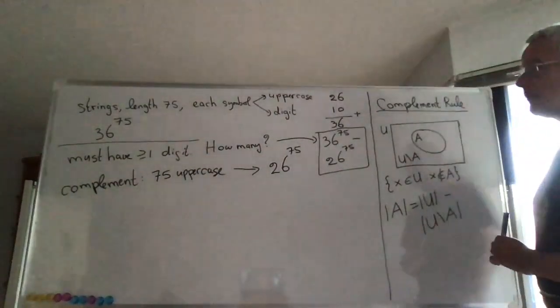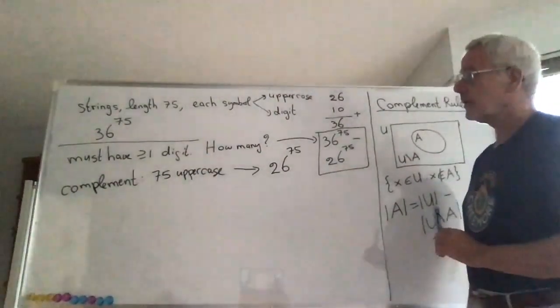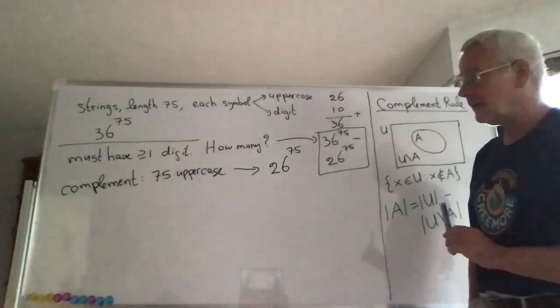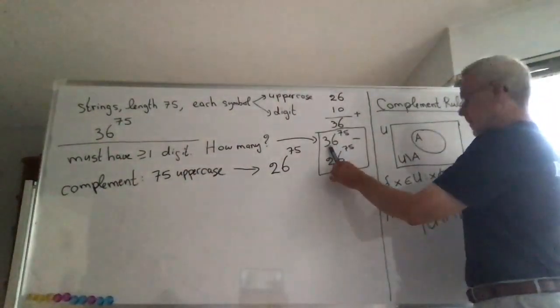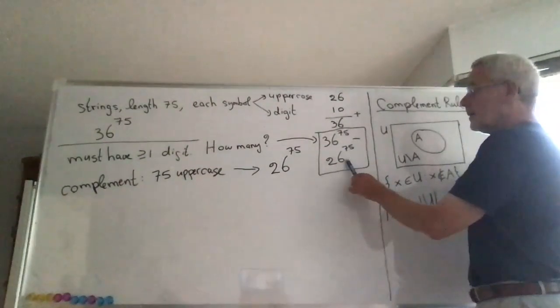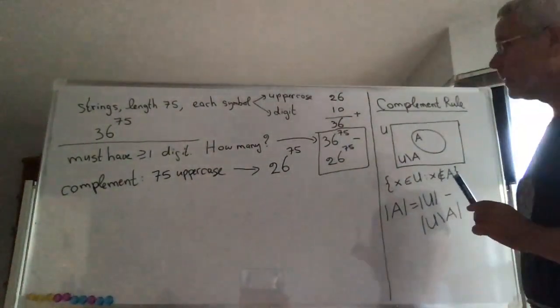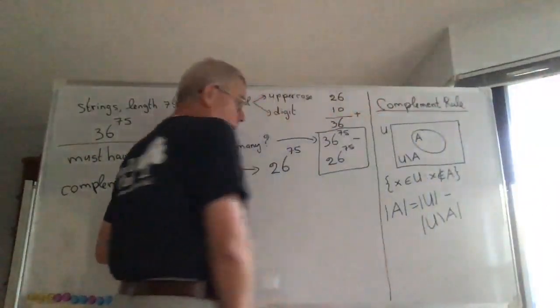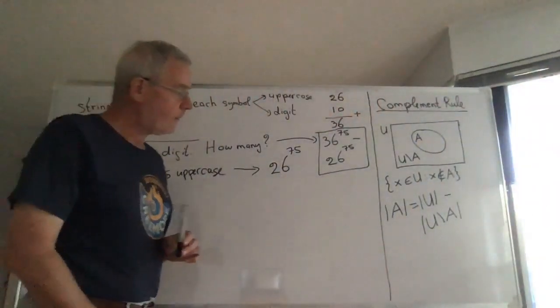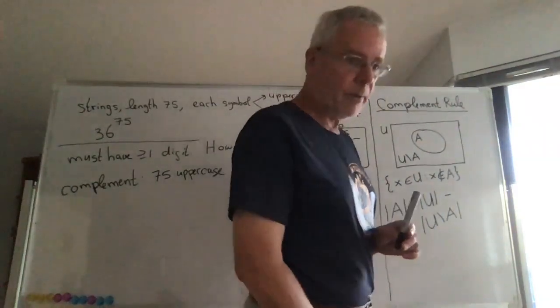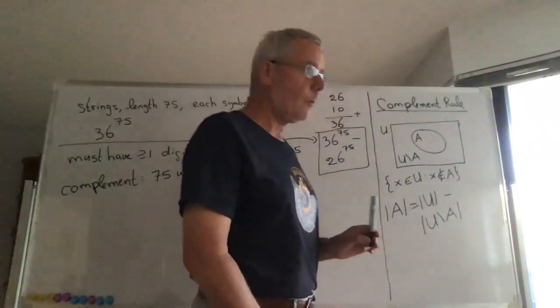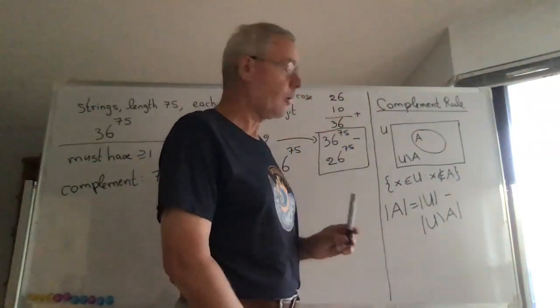So the number of strings of length 75 that have at least one digit is equal to the size of U minus the size of the complement. This is a very useful rule.